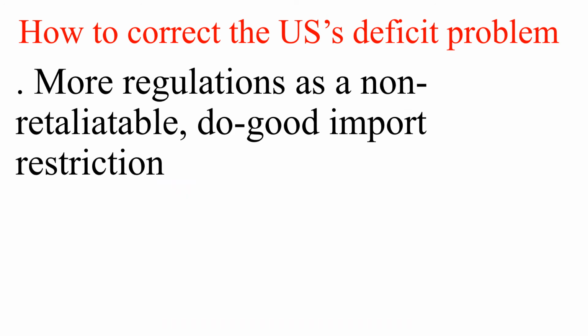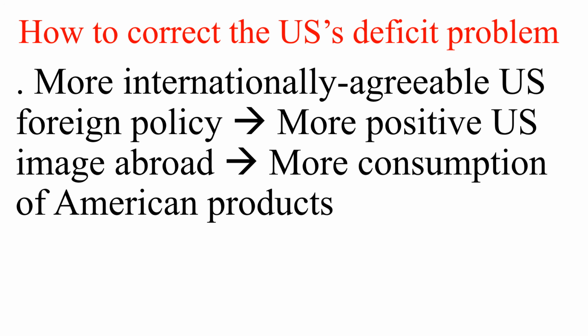Another thing that can be done is more regulations by Congress, because as we discussed before, regulations are a somewhat acceptable form of trade restrictions, because they don't attract retaliation, and they also create some sort of utility for the society, especially when they are about environmental issues. So that's definitely one idea to explore.